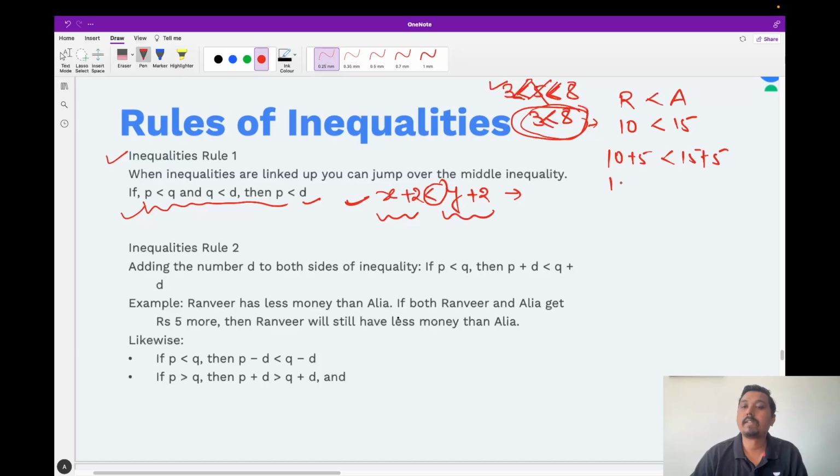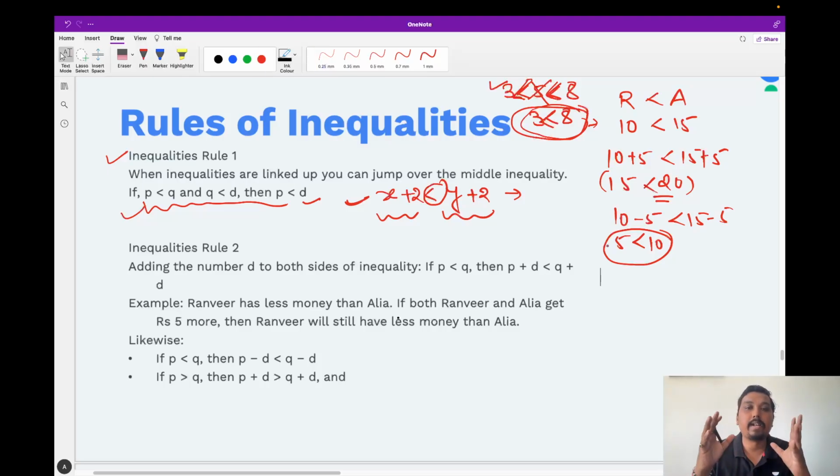This will be 15, this will be 20. You can see that the inequality sign is never changing because it is increasing in the same proportion. Even if you do a subtraction, the same thing will happen. If I take 5 rupees from here, 5 less than 10. So you don't need to worry whether you are adding the same number on both sides or subtracting the same number on both sides. Nothing is going to change.